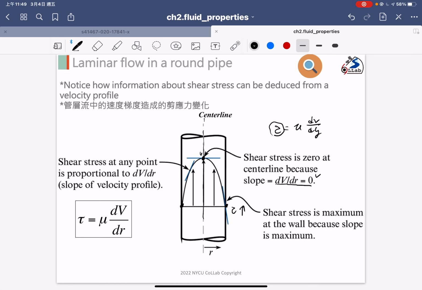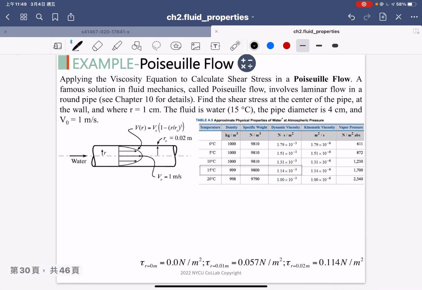Okay, so we just do one exercise and figure out how we can compute the shear stress. This is our final example today. Okay, we take a look. Please apply the viscosity equation to calculate the shear stress in Poiseuille flow.